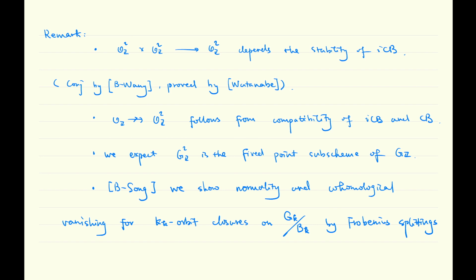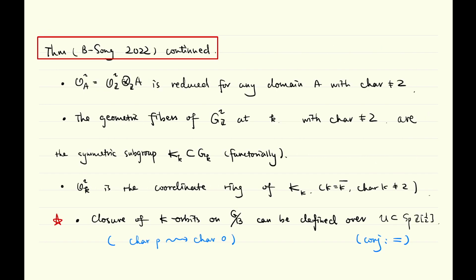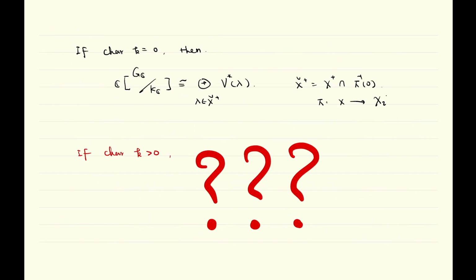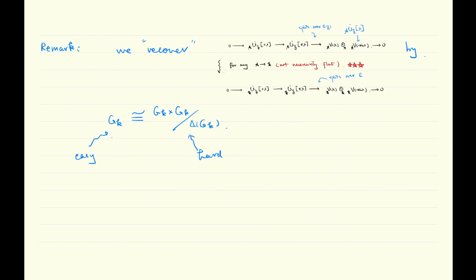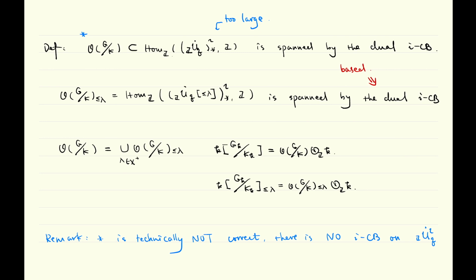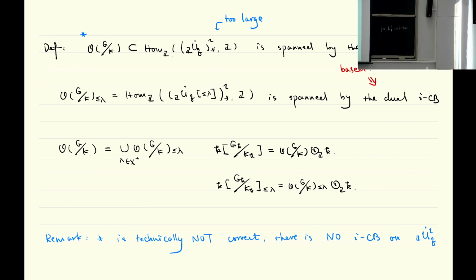Is this dual canonical basis compatible with the dual canonical basis? It's a different basis. What do you mean compatible? Like basis to basis, in the symmetric space setting? We have a subspace inside O of G. Is that the question? Is this O of G/K, how to say, can it be embedded into O of G?